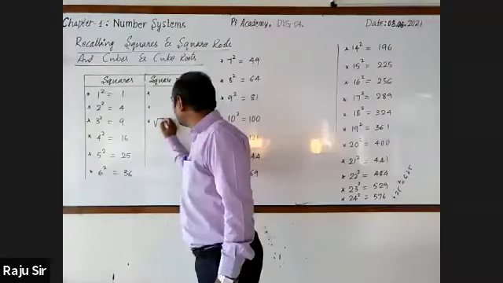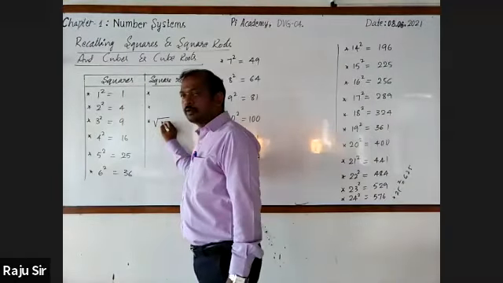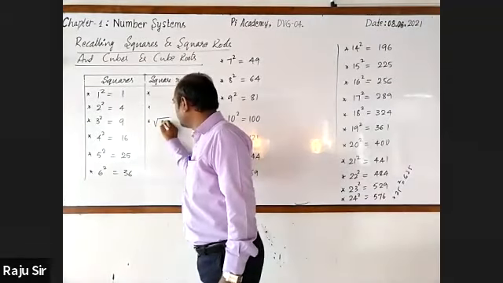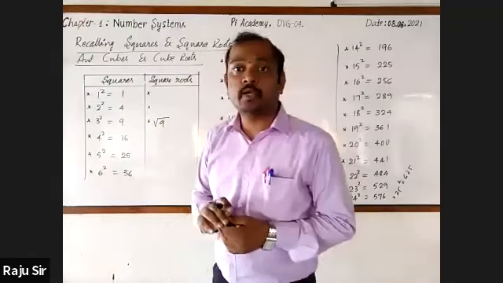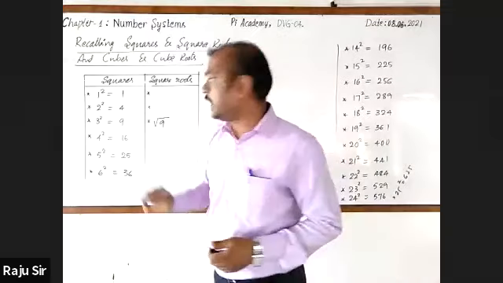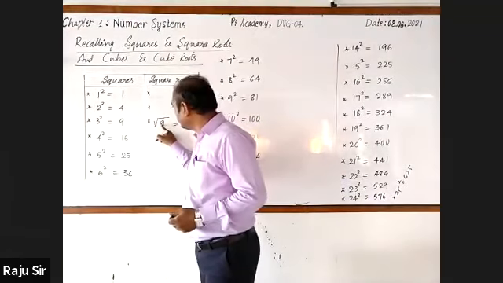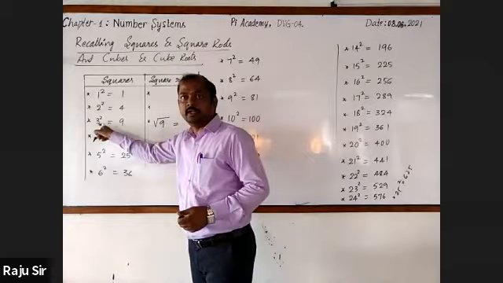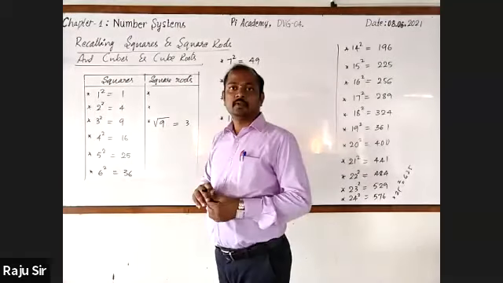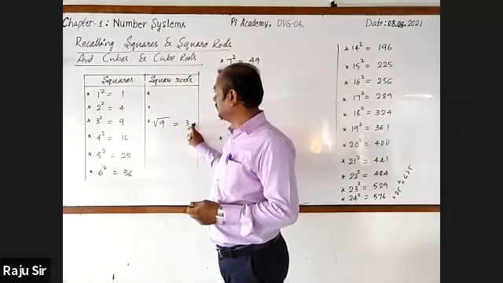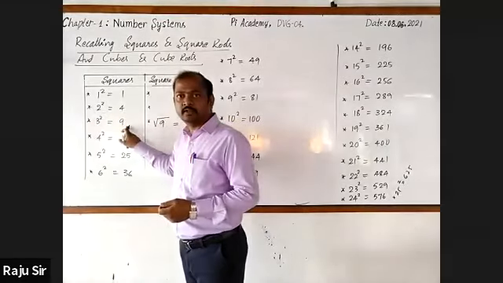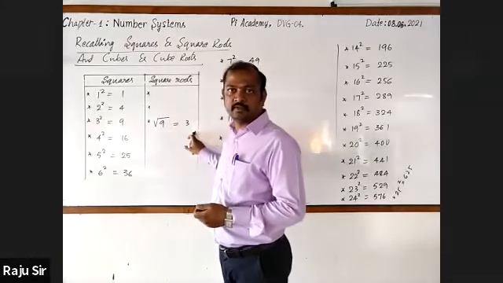If they are written in the root, see, here is 9. If I write the square root of 9, we know that 9 is the square of 3. Hence, it will be 3. The square root of 9 is 3. See, 3 square is 9.